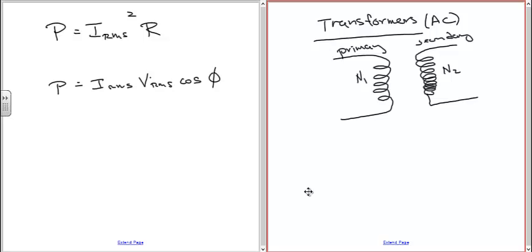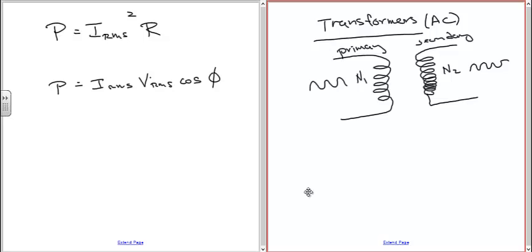What happens is you've got some time varying signal coming in, at some frequency. The frequency is not important, just so that it's great enough to create a changing magnetic field. So you're going to come out on the other side of the transformer with the same frequency, but it's going to change in magnitude.